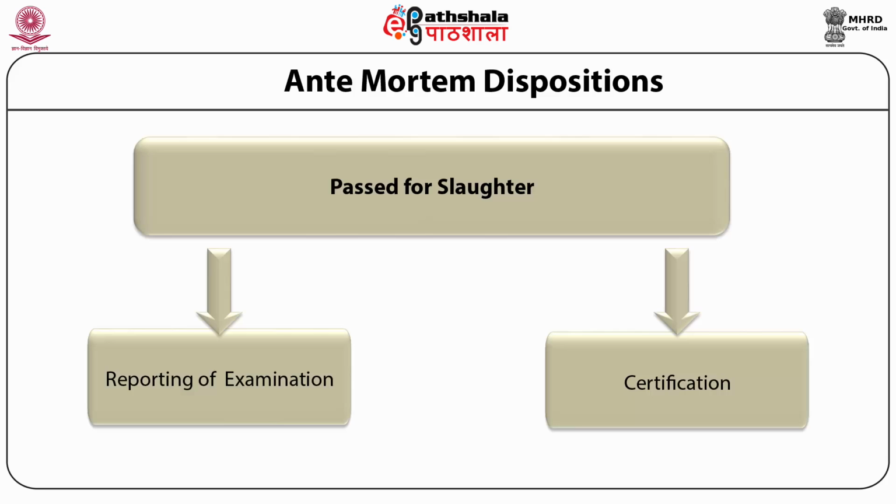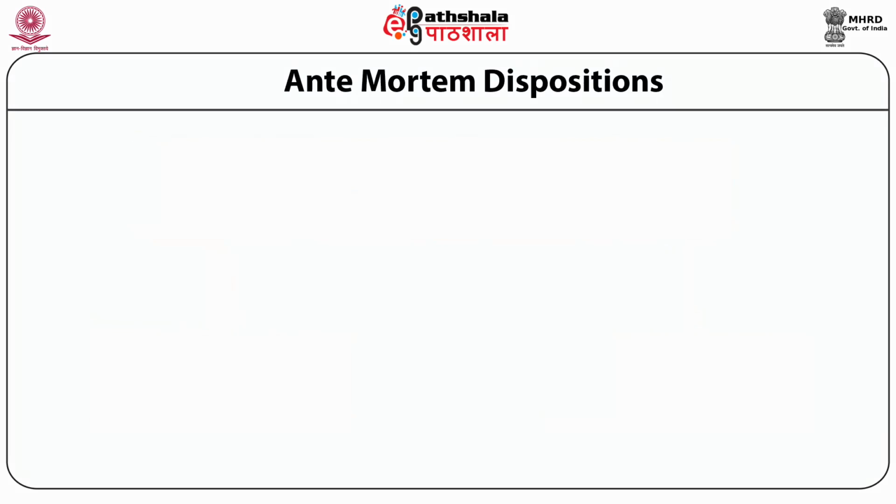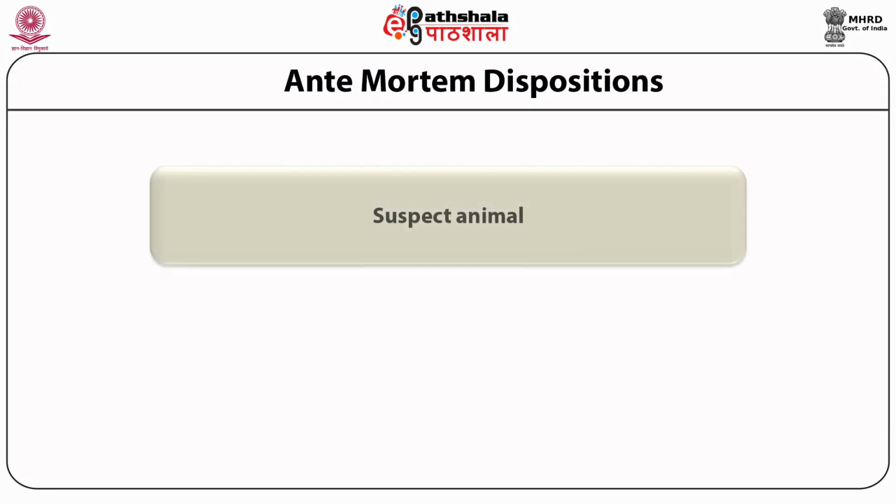These records should be kept for further use, like presentation at the time of audit and other legal processes. In the ante-mortem disposition where an animal is held suspect, the following points should be taken into consideration during the inspection of suspects. The identity of the animal must be maintained throughout the treatment period. The animal must be placed in a separate pen and the ante-mortem inspection format must be changed.